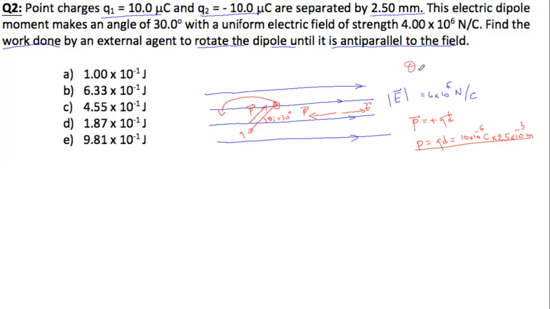So my theta initial is 30 degrees, and my theta final is what? 180 degrees. Now we want to calculate work applied, or work done by the external force.